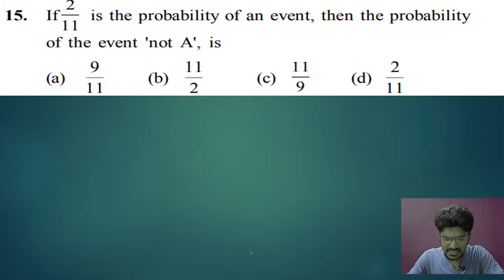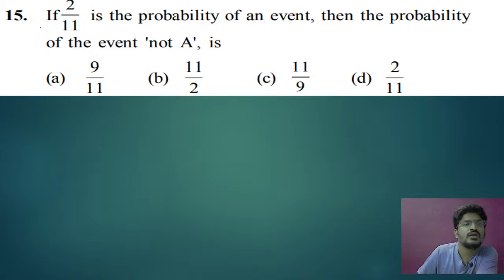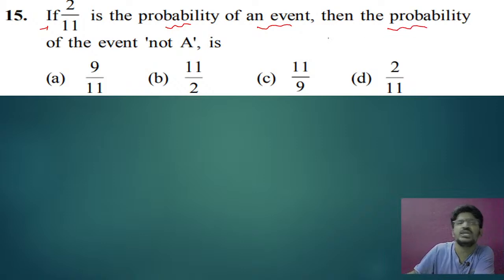So now we can see the 15th problem is, if 2 by 11 is the probability of an event A, then what is the probability of the event not A?